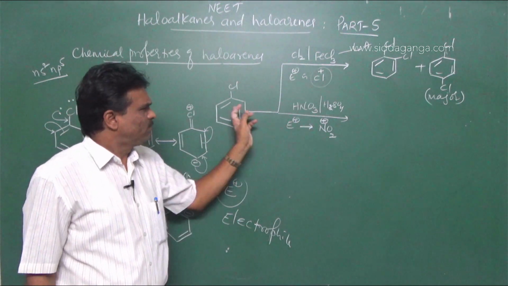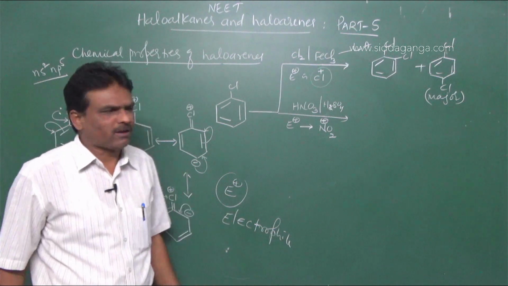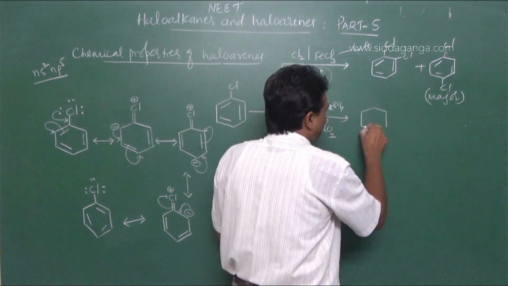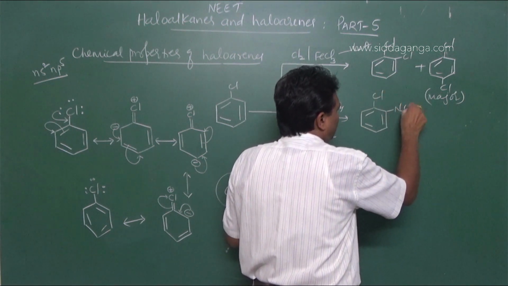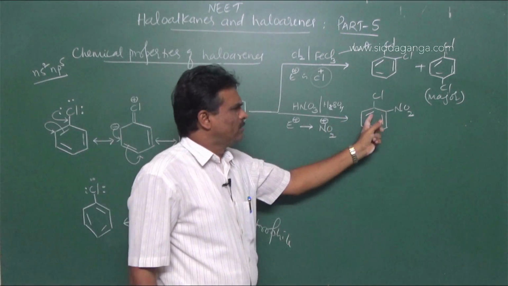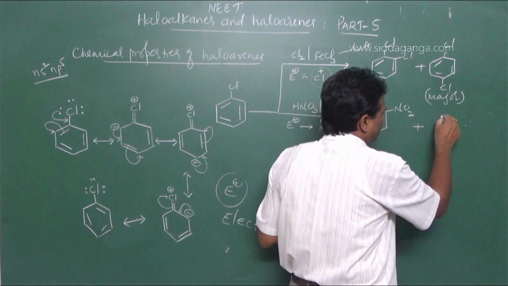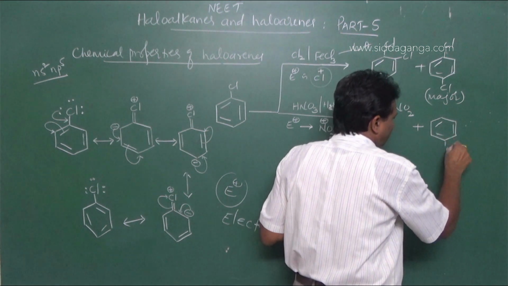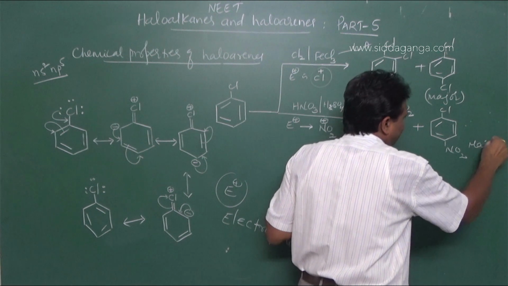In the nitration of chlorobenzene, the active reagent is NO2 plus, the nitronium ion, to form orthonitrochlorobenzene or 2-chloronitrobenzene, and along with it para-nitrochlorobenzene. Here the para compound is the major compound.